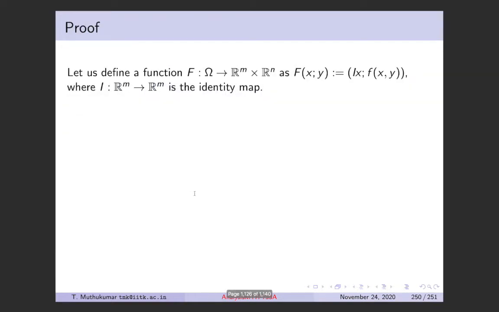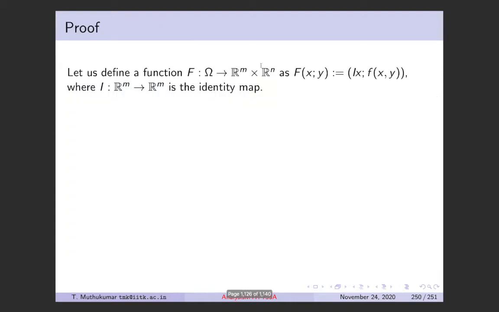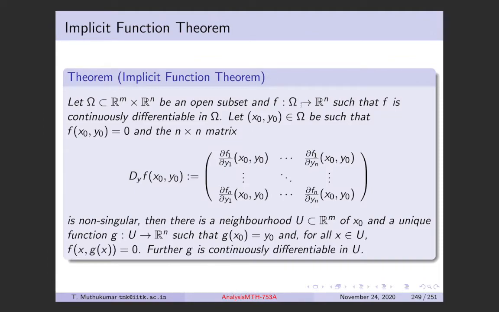So, the proof. Using the little f, you define a capital F. Originally we had a little f which is from omega to Rn. What we do is define a capital F from omega to Rm cross Rn. That means now both the domain and the range have the same dimension, unlike little f, where the domain is m plus n dimensional and the range is n dimensional.